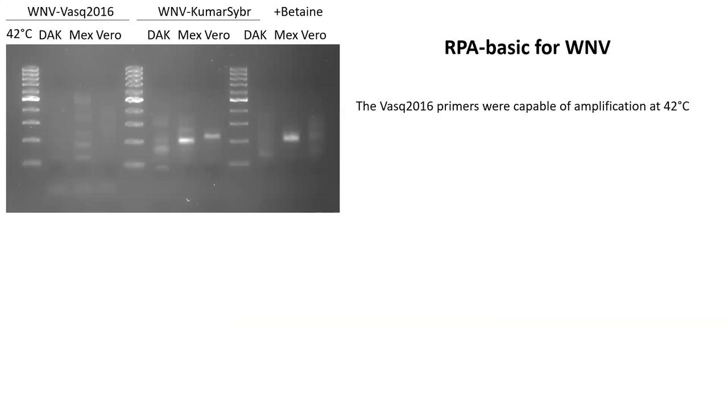And then this is basically the developmental steps for West Nile virus. This is pretty much how we set up all of our RPAs. We start out with 2 or 3 sets of primers and do what's called the RPA basic, which is just testing our RPA parameters, such as different temperatures and different strains of viruses, running it on 2% agarose gels to see which primer pairs work.